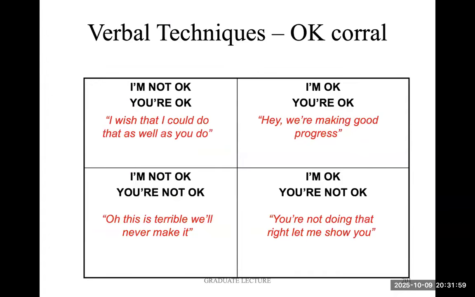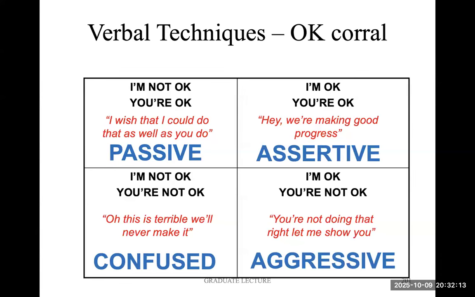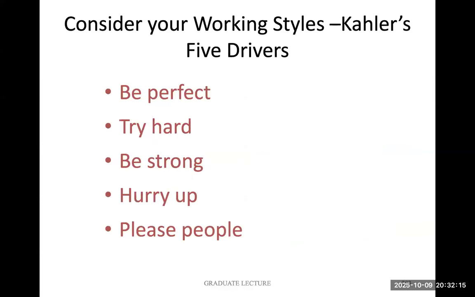So going through OK Cora will enable you to know how to improve your congruence, especially looking at your facial, your body, your verbal, and all that. So I will want you to go through all that on your own. If there are issues, I'll look at it. Then we also need to go through the Keller's 5 drivers.